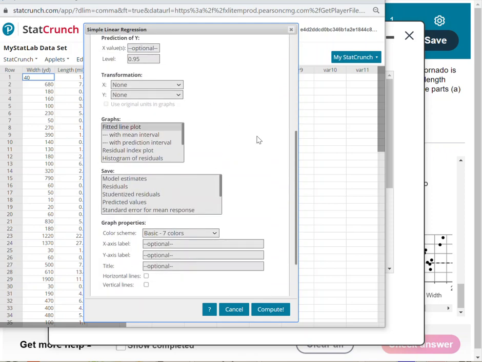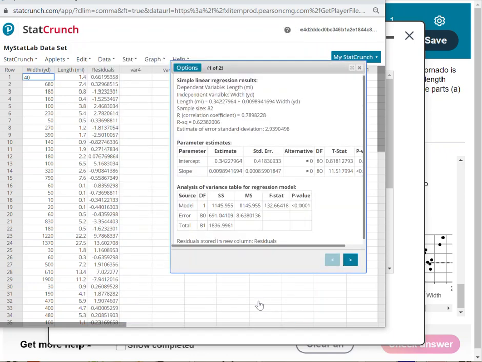The thing we're going to choose differently, though, is residuals versus x values. The other thing is I actually want to put these into the spreadsheet, so we want to save the residuals. So let's go ahead and compute.